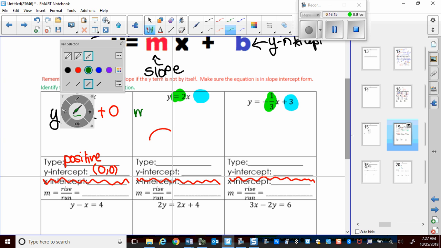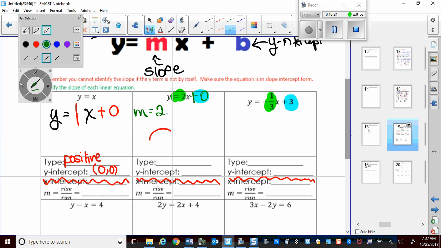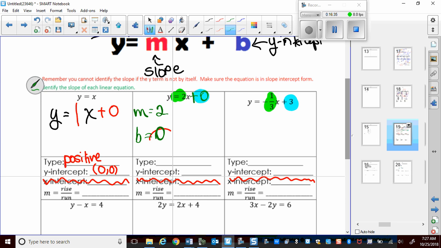Well, m equals 2. When there's nothing added, you put a 0 there. So two things we need to keep in mind. If there's a variable there with no number in front, you put a 1. If there's nothing added, you put a 0. So my slope here is 2. My y-intercept is 0. My slope here is negative 1/3. My y-intercept is 3.